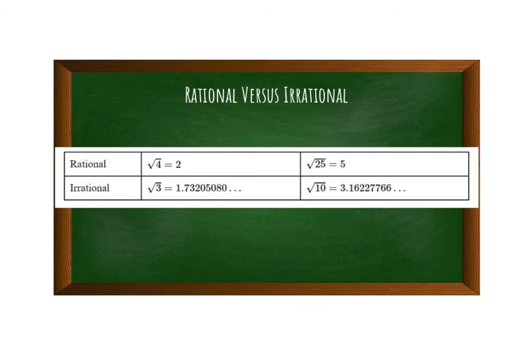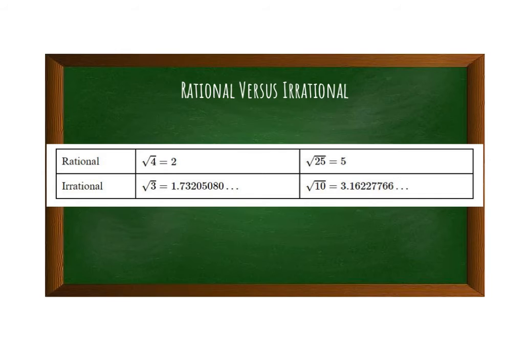Rational versus irrational, okay? So one thing that you guys should know, which is why we did so much with the square roots earlier in this lesson, is if it's a perfect square, it's a rational number. For example, the square root of 4 is 2. The square root of 25 is 5.